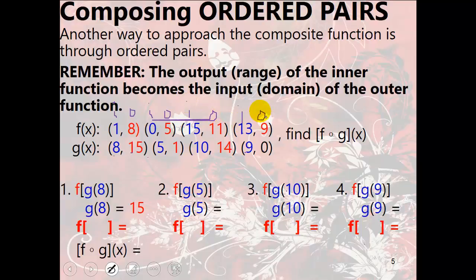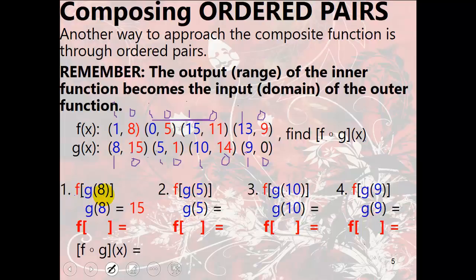We want to find f of g of x. So for every input in g, we're going to find its output and then trace it back into f. All right, so we're going to go f of g of 8.